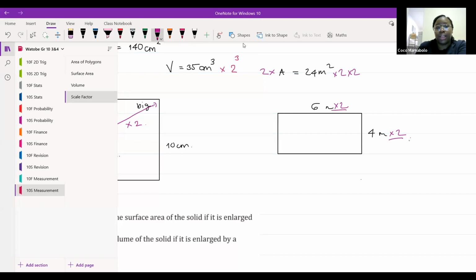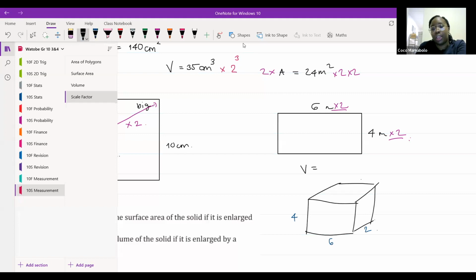Okay. Now, if we take a 3D shape, and this side is 4, this side is 6, this side is 2. I know that the volume of my shape is going to be 4 times 6 times 2, which is 48 centimeters cubed, right?